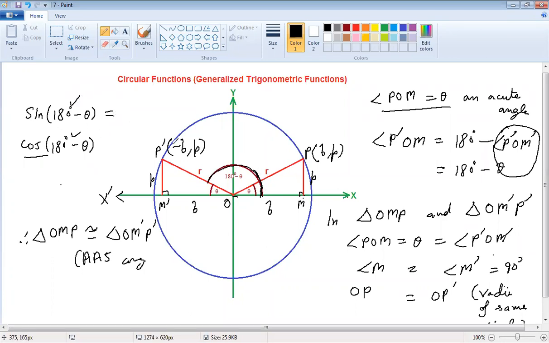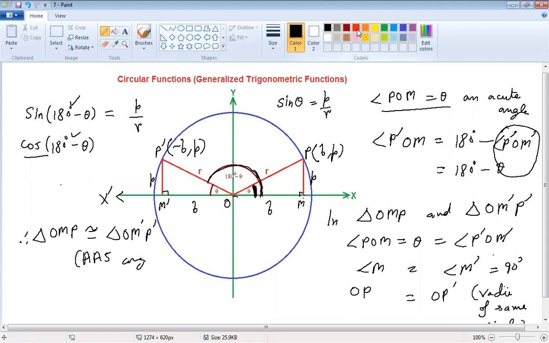So sine will be equal to the y coordinate divided by the radius. Whereas sine theta, if theta angle we have to take, we will take this angle which starts from the positive direction of x-axis, this very angle. So sine theta will be equal to this y coordinate which is p and this radius which is r.